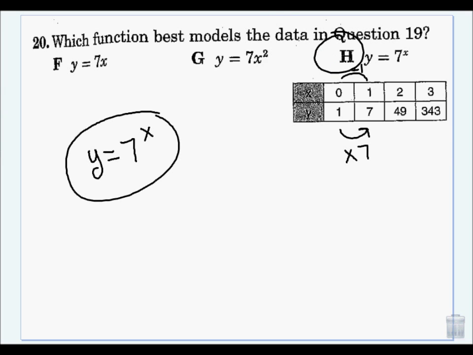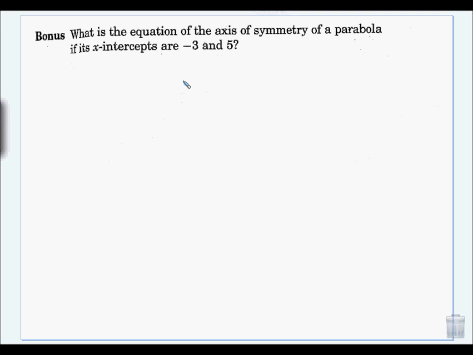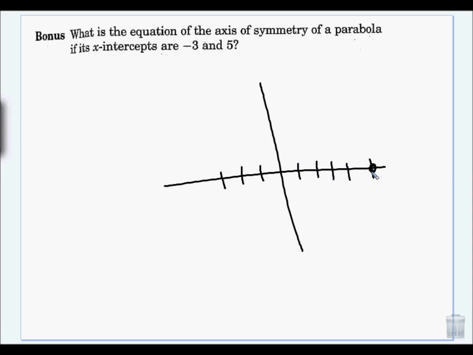No? Okay, and finally, the bonus. What is the equation of the axis of symmetry if its x-intercepts are -3 and 5? There are the x-intercepts. What do we know about the axis of symmetry? It's the same on both sides, so it's like halfway, right?